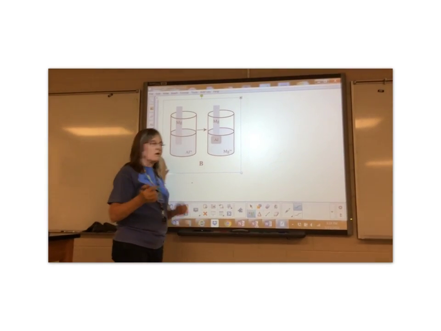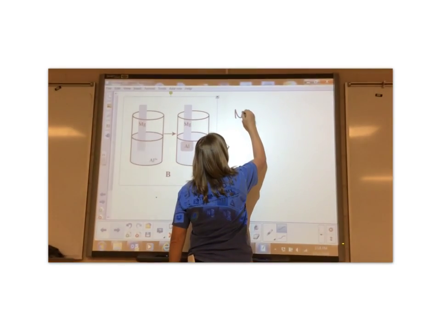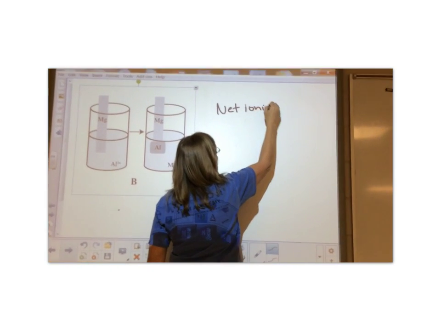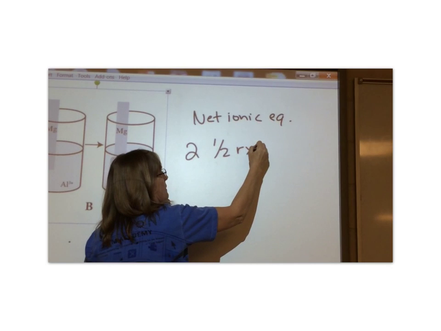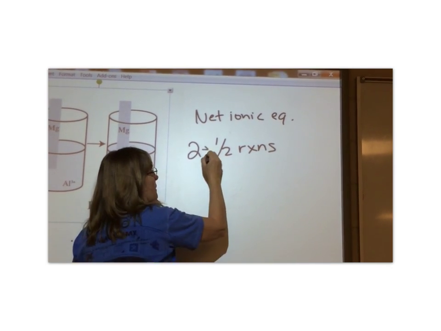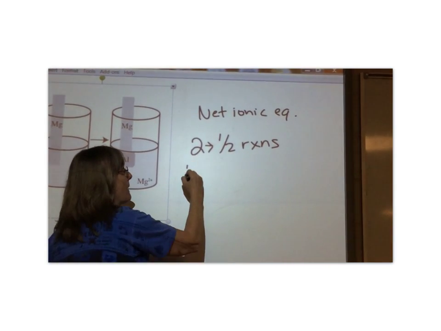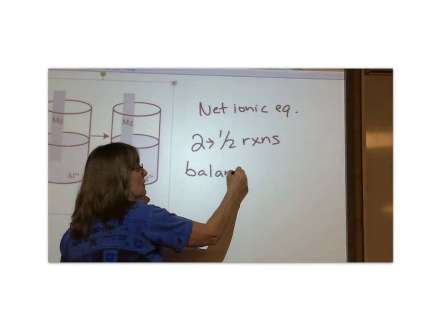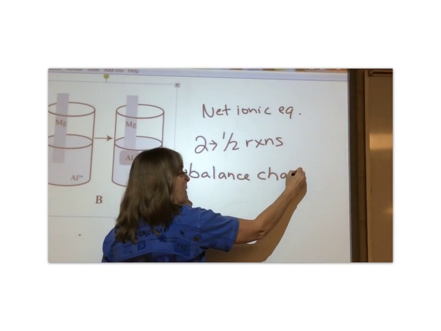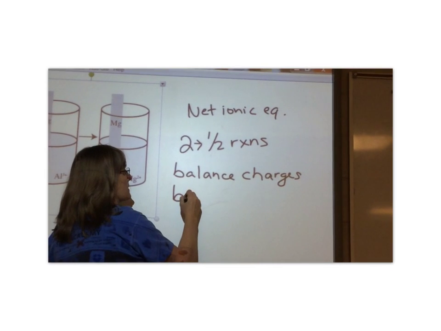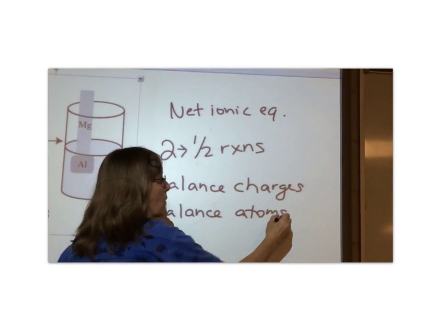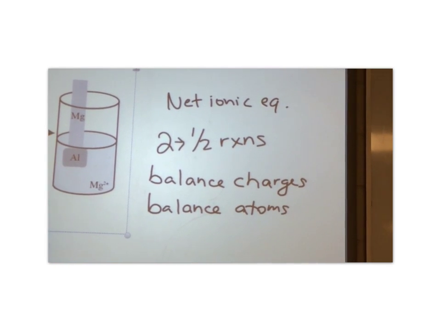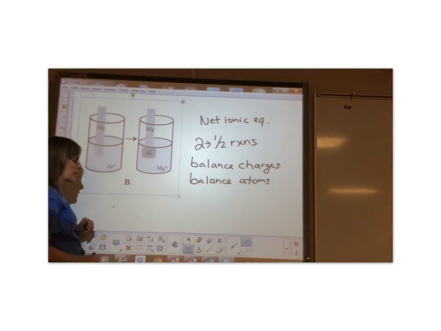These are the steps: to get a net ionic equation, we write the two half reactions, then we balance the charges, then we balance the atoms. And typically, when we balance the charges, that will automatically balance the atoms for us. But let's look at this particular example here.